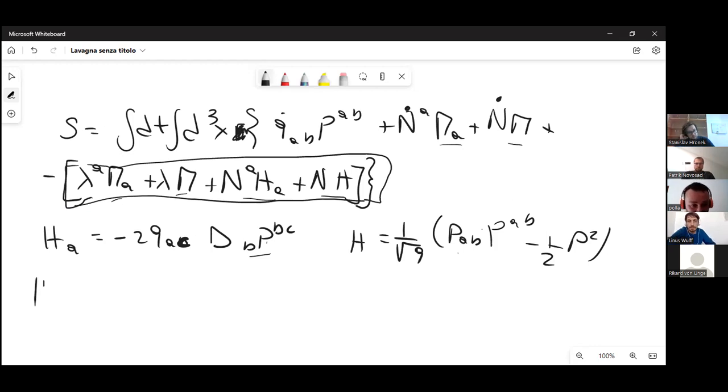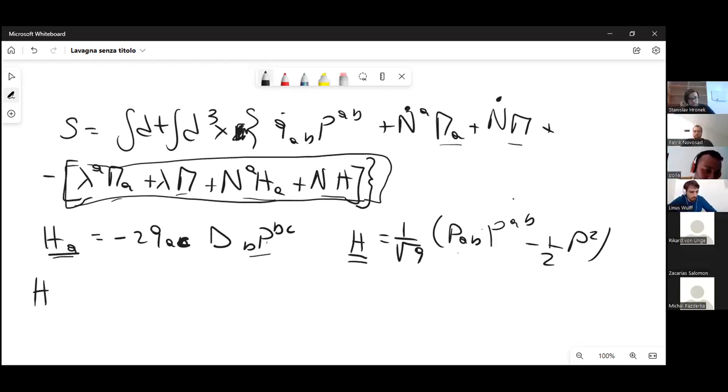So we can write all the Hamiltonian. I'm going to say that this is called the diffeomorphism constraint, and this is called the Hamiltonian constraint, or also the vector constraint and the scalar constraint.